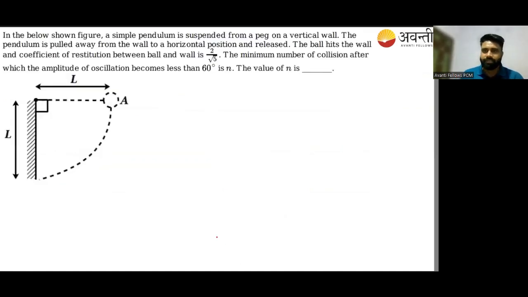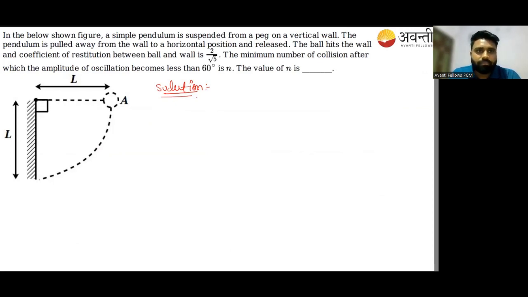This is a very important question also, and it is from the oscillation part. So the solution of this question. In the below shown figure, a simple pendulum is suspended from a peg on a vertical wall.